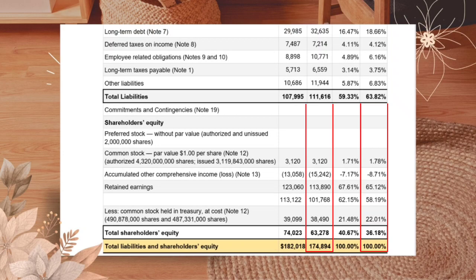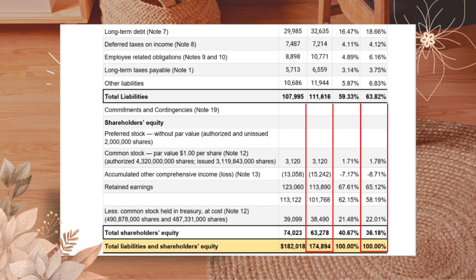Last, common stock held in treasury at cost, 490,878,000 shares and 487,331 shares is 38,490 divided by 174,894 times 100% is 22.01%.